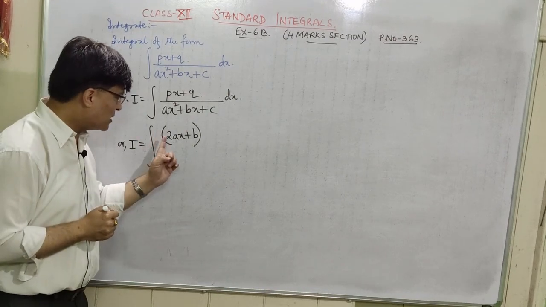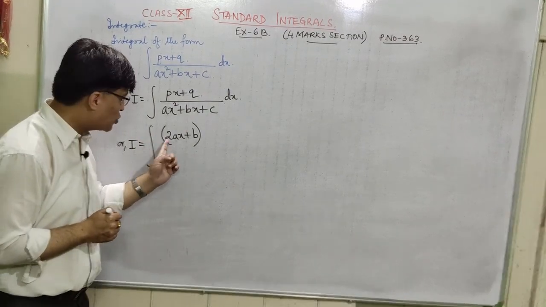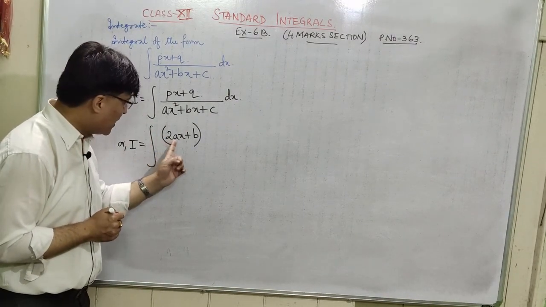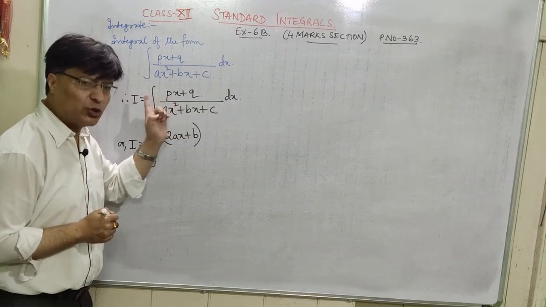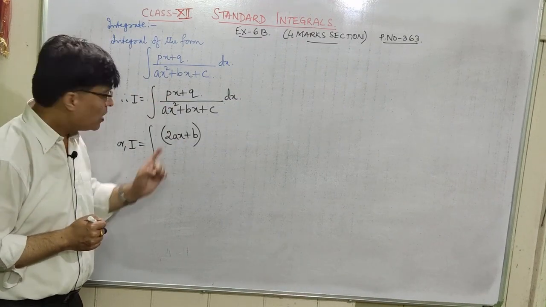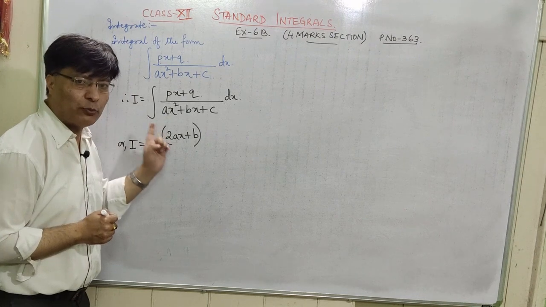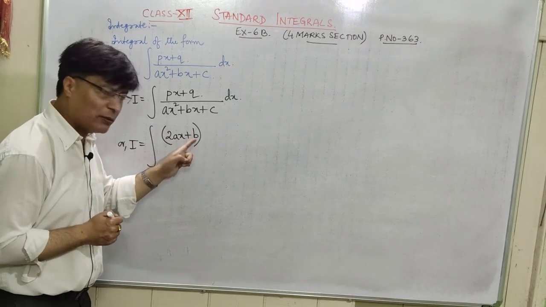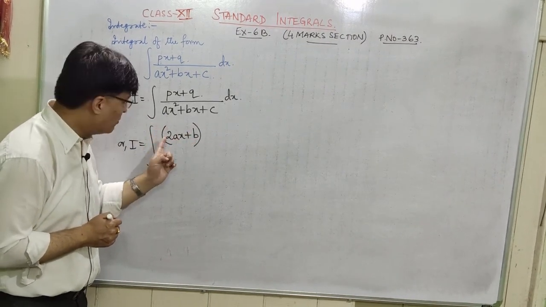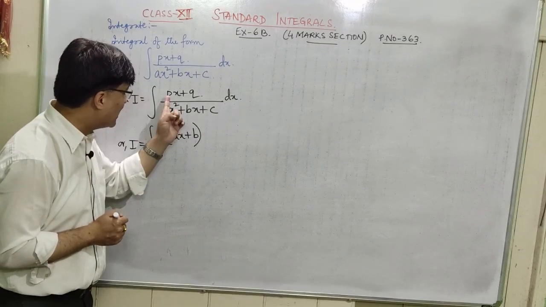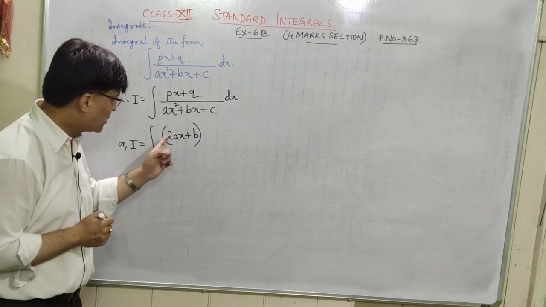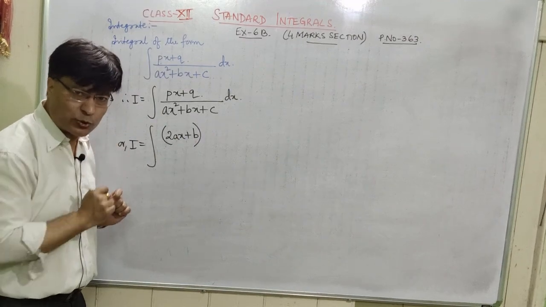So let us simplify. Let us check first 2ax. There is 2ax, but there is px. You should get px here. By which term or number will you multiply this 2ax to get only p? You have to cancel this 2a, isn't it? 1 upon 2a.